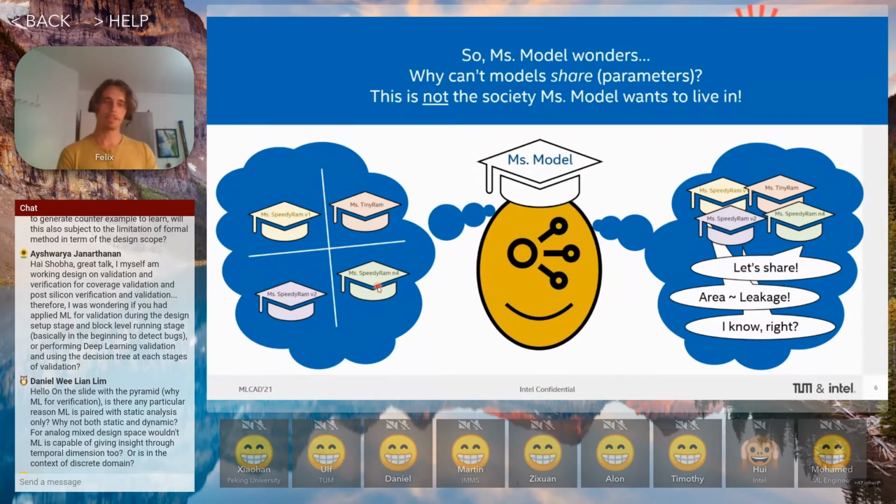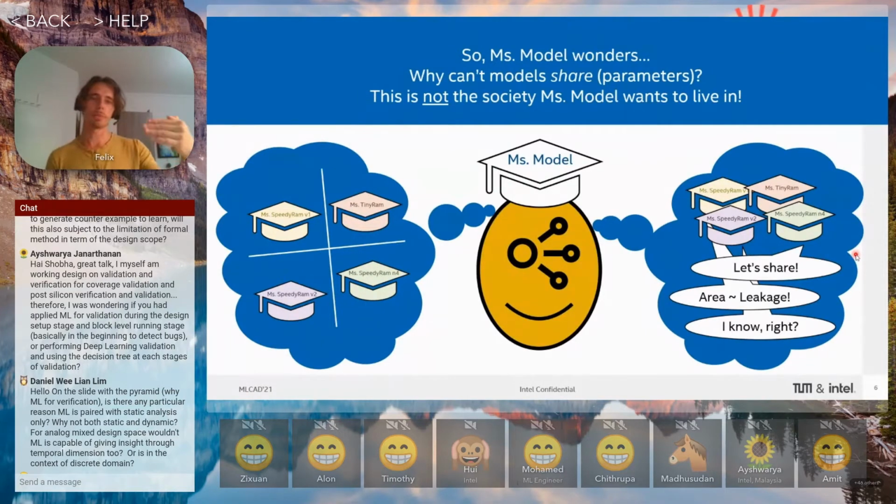Now, Ms. Model envisions a world where all the models can talk to each other and they can share what they have learned about their data, things that might carry over between compilers. For example, proportionality of area and leakage. So basic correlations that exist in every compiler, but also maybe the strength of the correlation if we're talking of a transfer from version 1 to version 2.